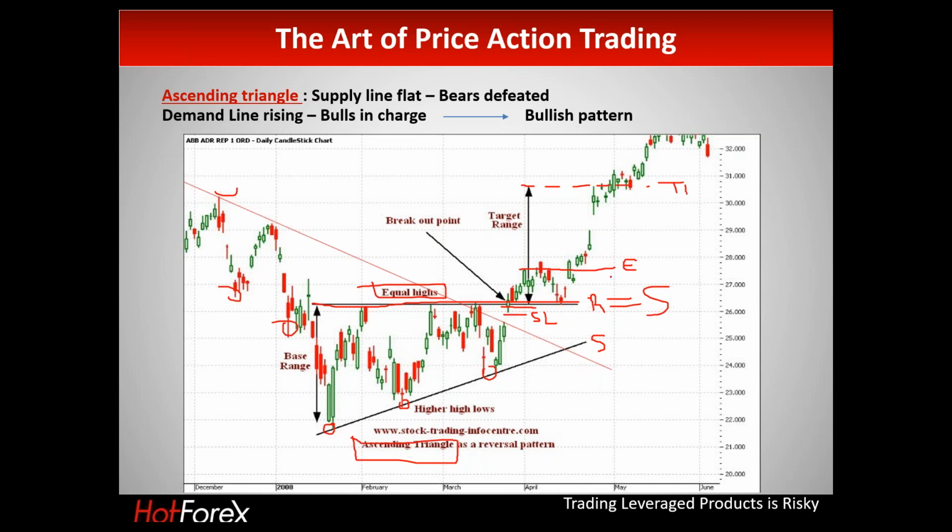Okay, as I said, you can have more than one target. You can have a second target, maybe 2 times that range. So another arrow to the upside with the same distance, or halfway. So over here.